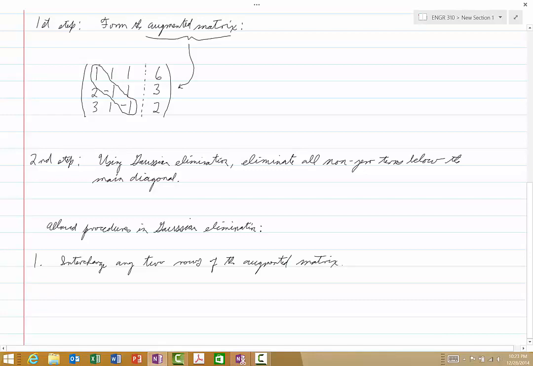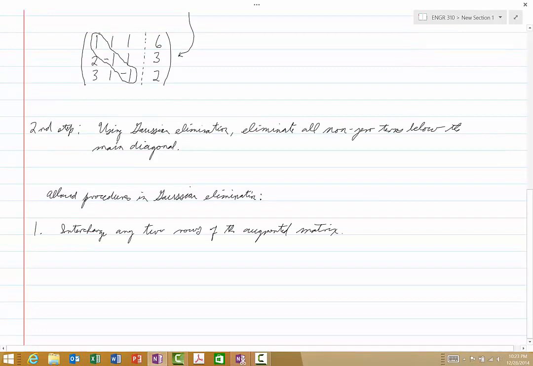In other words, if we look here at our augmented matrix, if we wished, we could interchange, for instance, the first row and the second row, or the first row and the third row, or the second and the third, the second and the first. Any one of those exchanges would be fine.